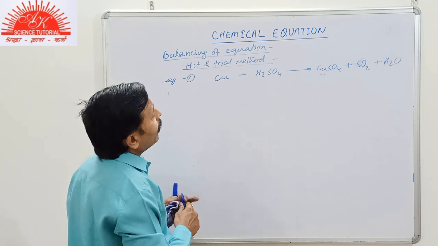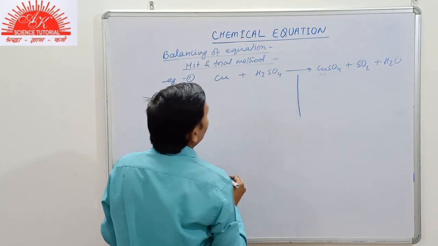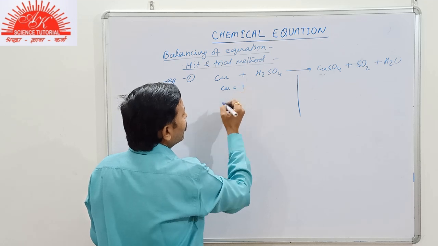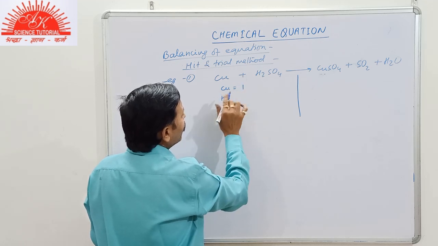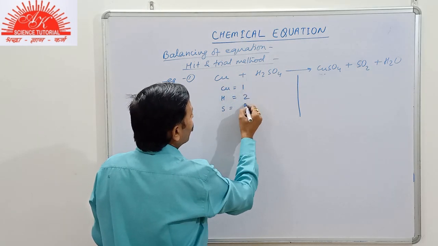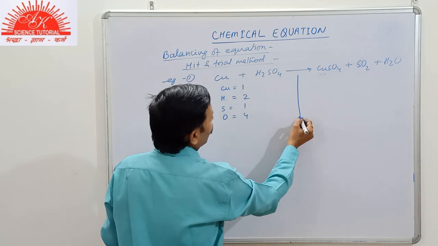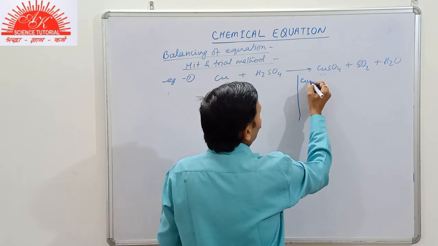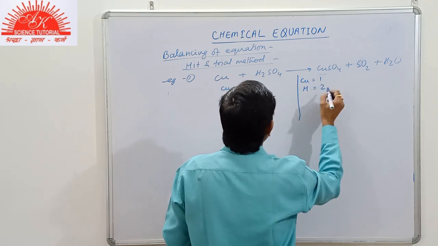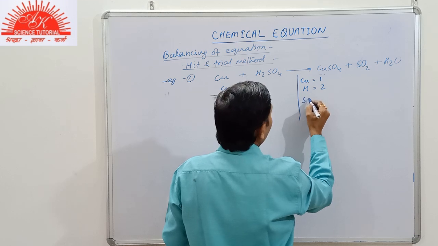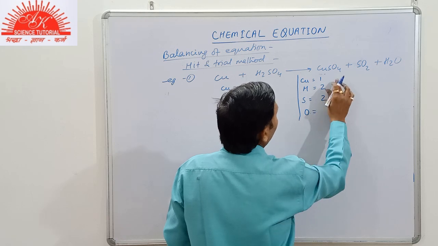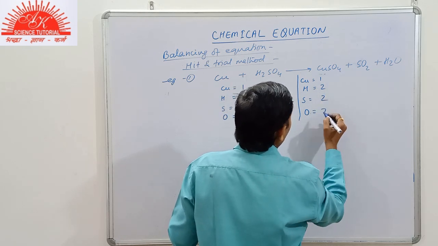First of all, write the number of atoms on the reactant side and on the product side. Copper 1, hydrogen 2, sulfur 1, oxygen 4 on the reactant side. On the product side, copper 1, hydrogen 2, sulfur 1 and 1, 2, oxygen 4 and 2, 6 and 1, 7.